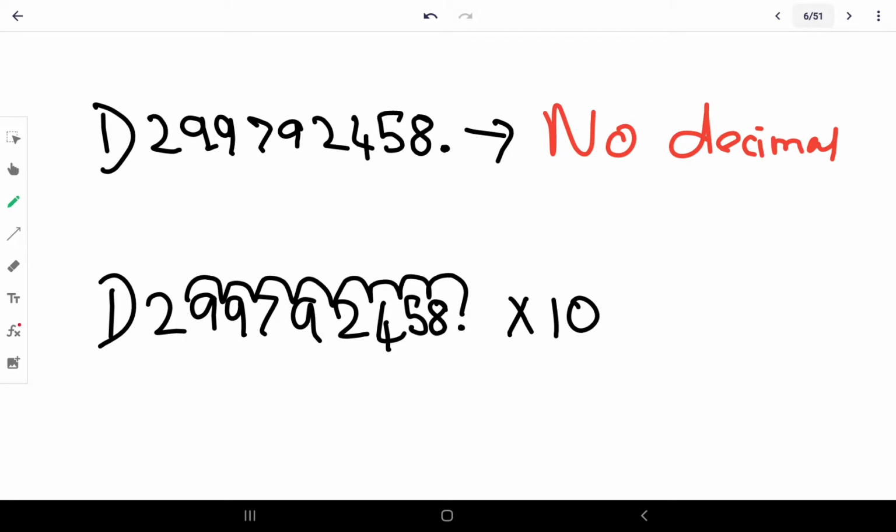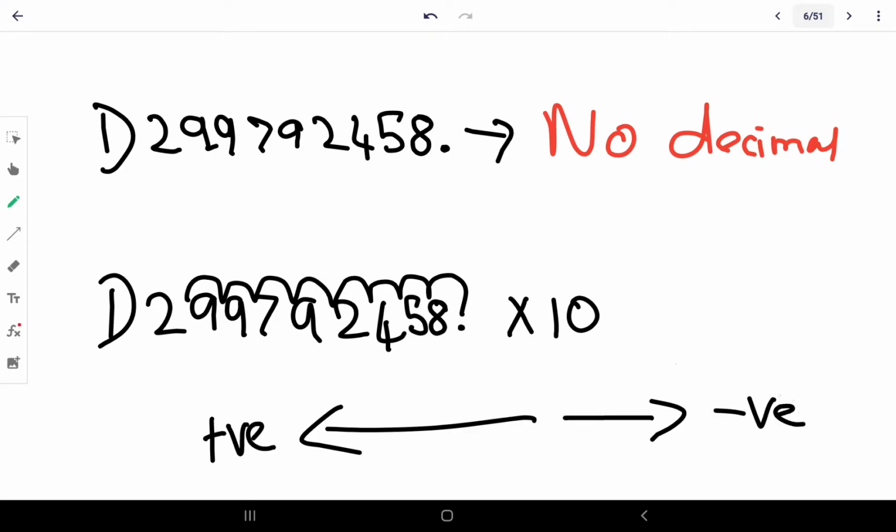So there are 8 moving places. If it is going this side, it would be positive. But if it goes the other side, it would be negative. That's the basic rule of this one.